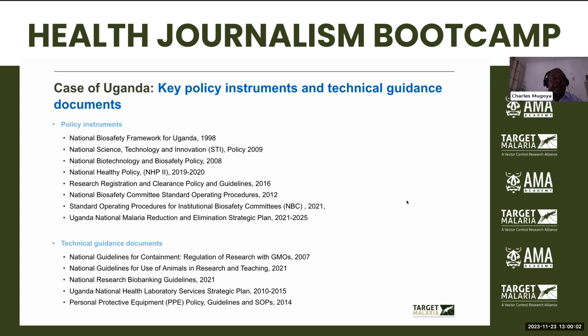And then we also have technical guidance documents. These come as standard operating procedures, manuals, and guidance resources to use when we are trying to navigate the regulatory landscape, as it were. Next slide.